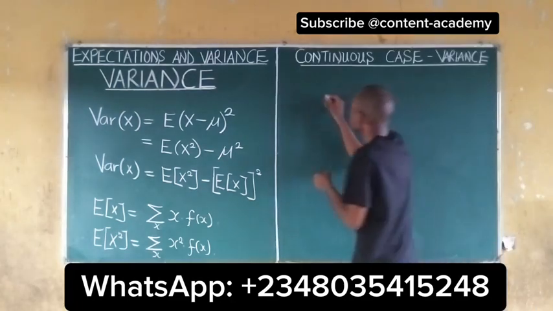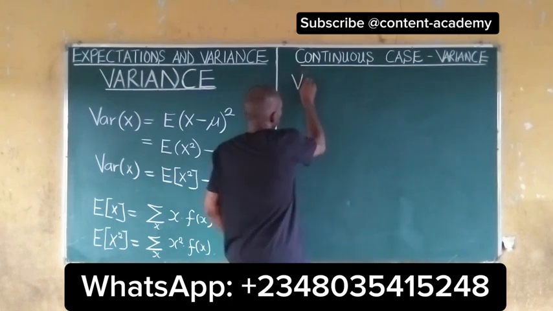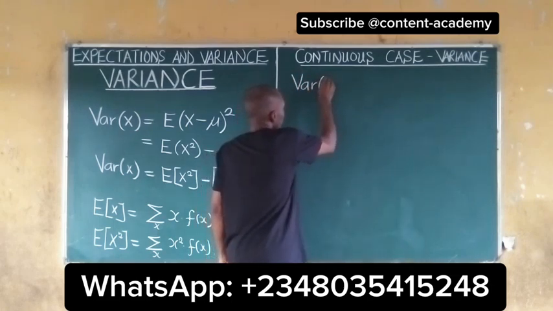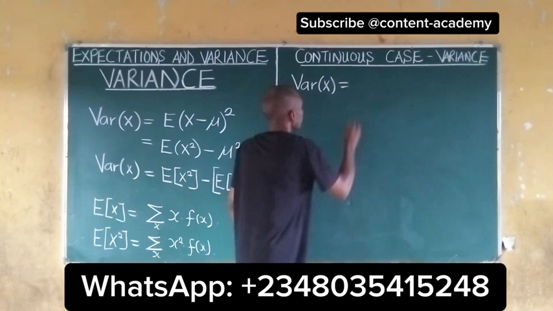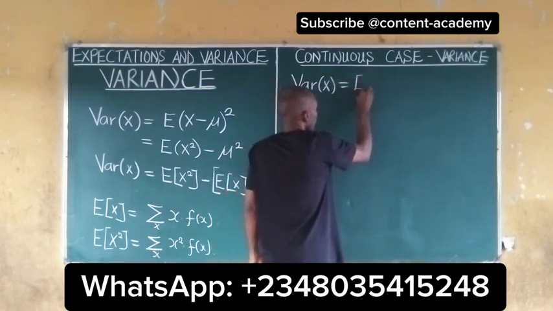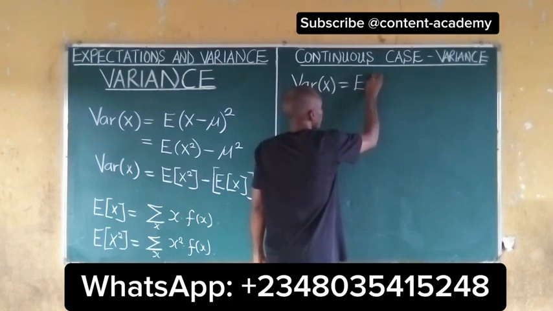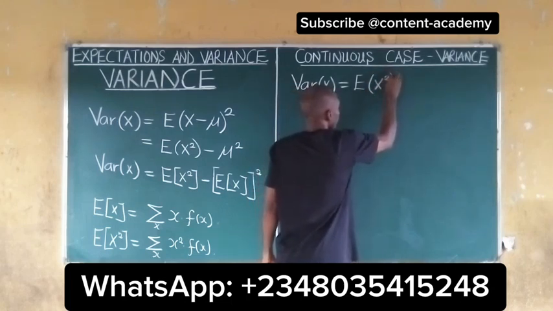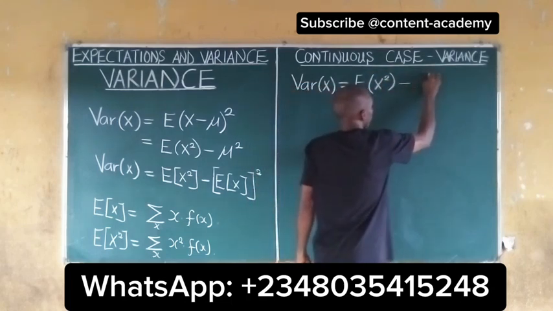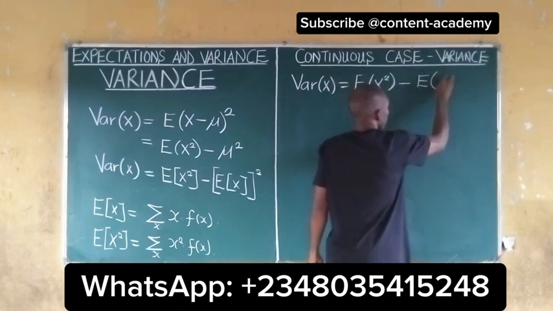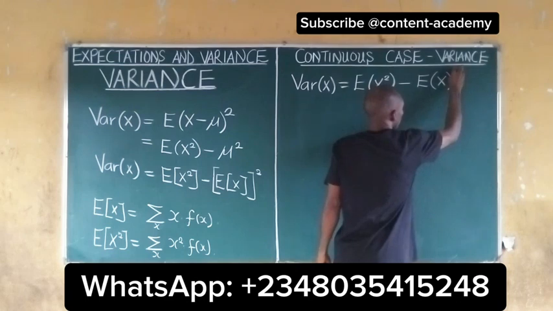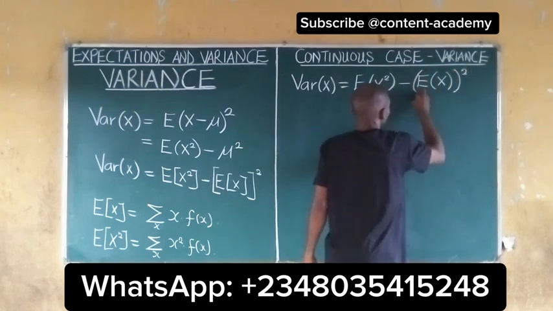Now the variance for the continuous case. We have this as our variance, the expected value of x squared minus the expected value of x all squared.